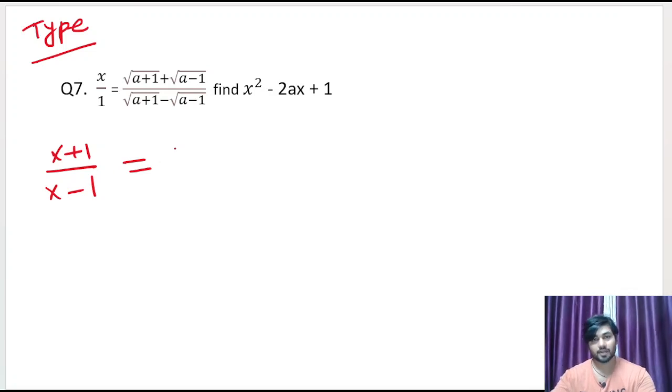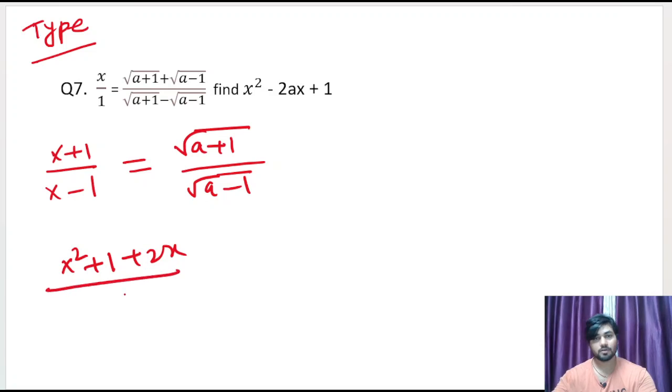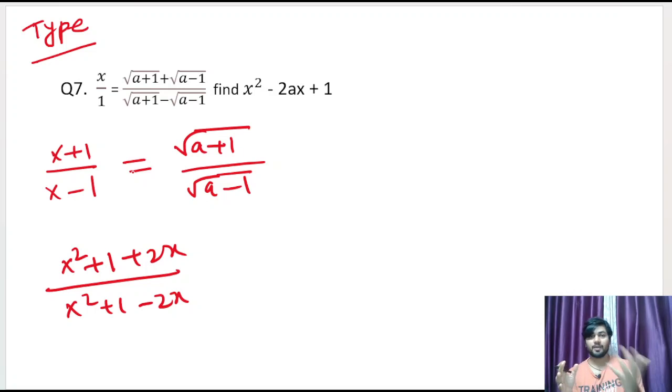We'll have under root x plus 1 here and under root x minus 1, right? If we square both the sides, it will be x square plus 1 plus 2x upon x square plus 1 minus 2x, right? If we square both the sides and expand the formulas of x plus 1 whole square and x minus 1 whole square, we'll have this.